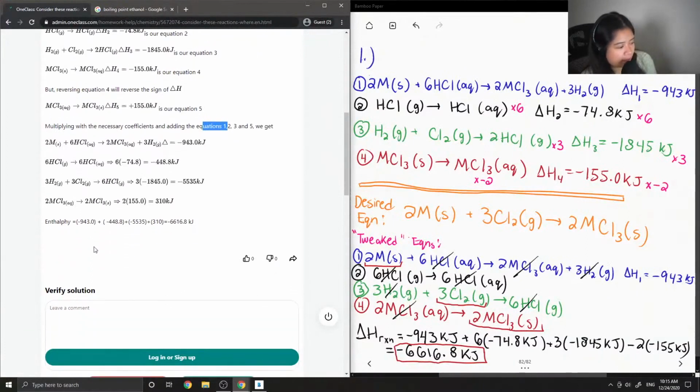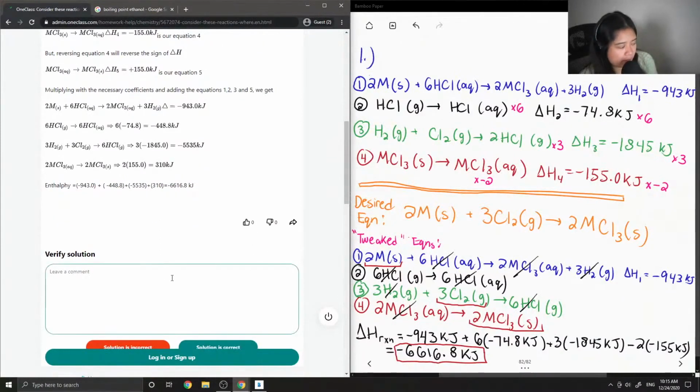And then they calculated enthalpy to be negative 6,616.8 kilojoules. Yep, so this solution is correct. Great breakdown of steps.